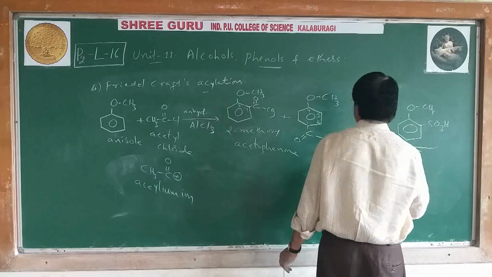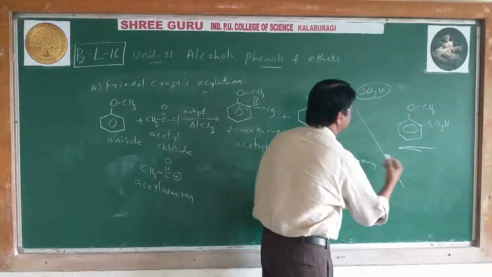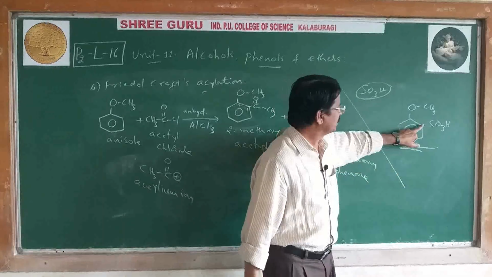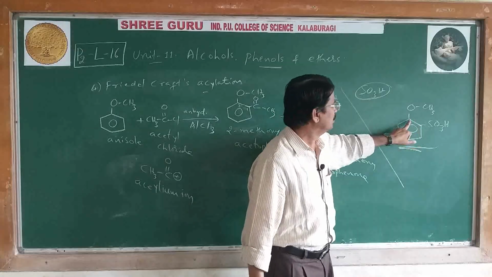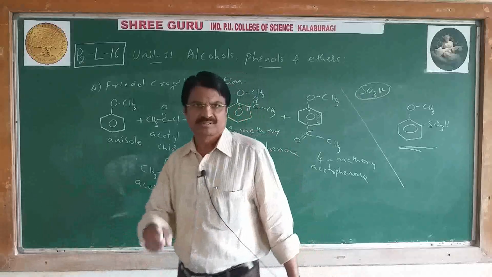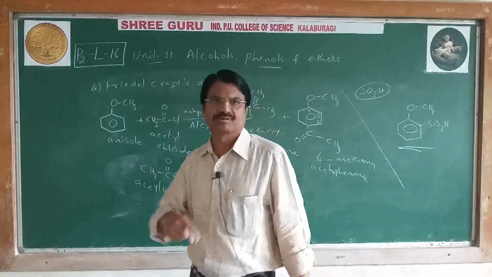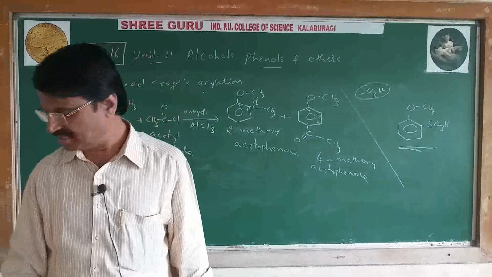Actually by sulfonation we get this compound. And for the name, again one is given to this position, 2-methoxybenzene sulfonic acid, and if we write SO3H at the fourth position, then it is called 4-methoxybenzene sulfonic acid.